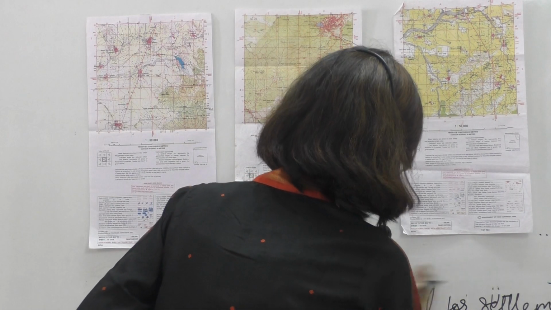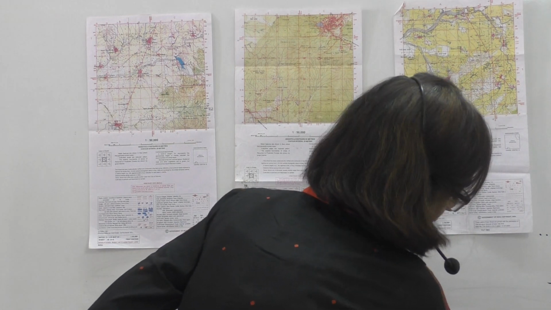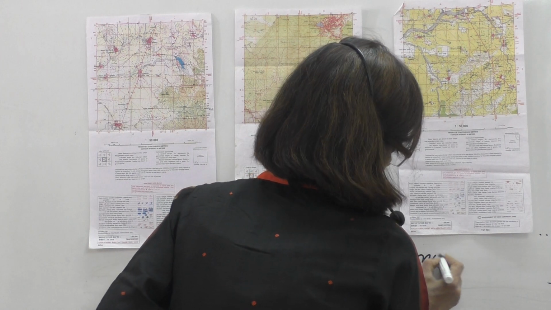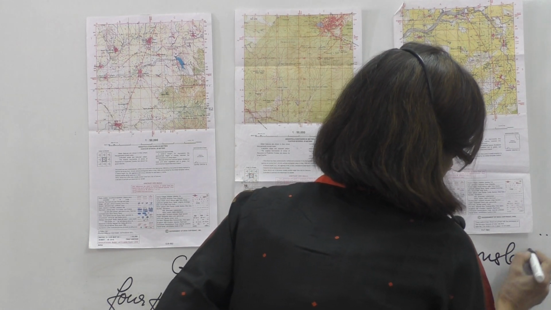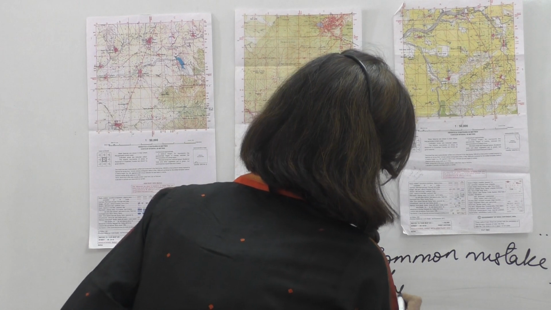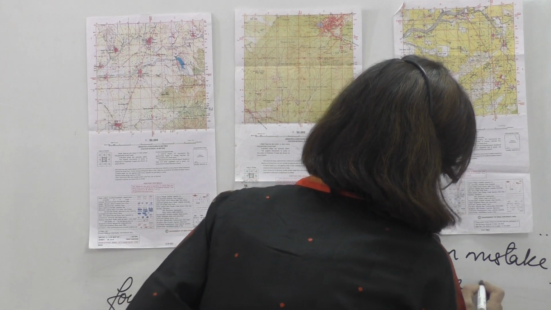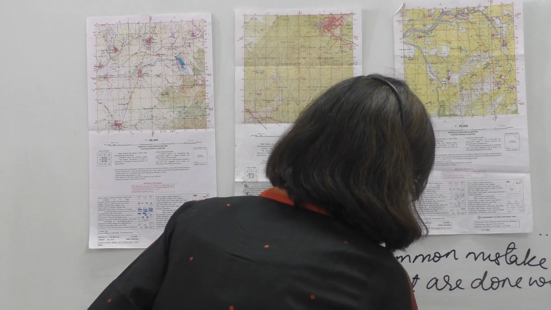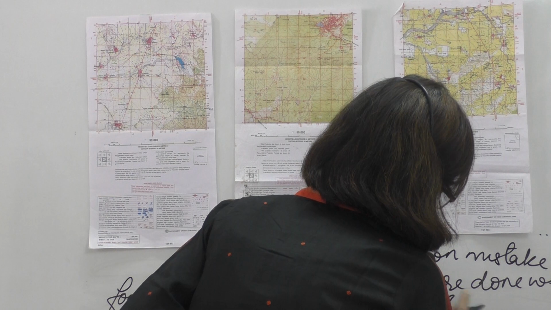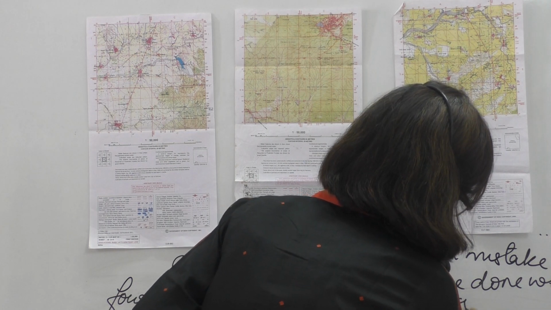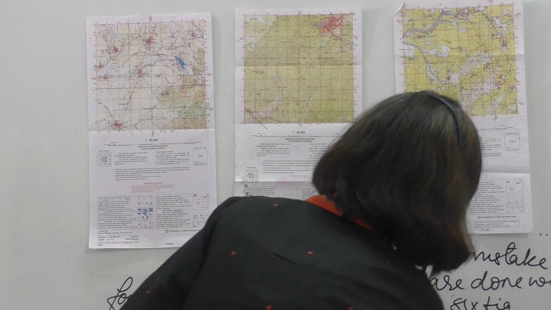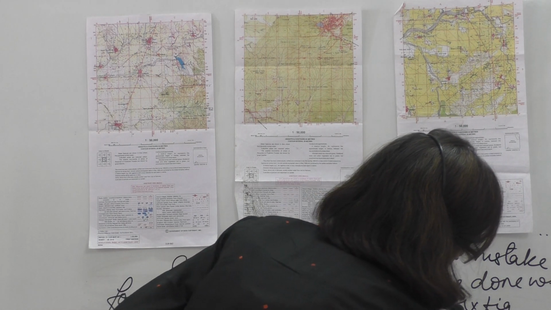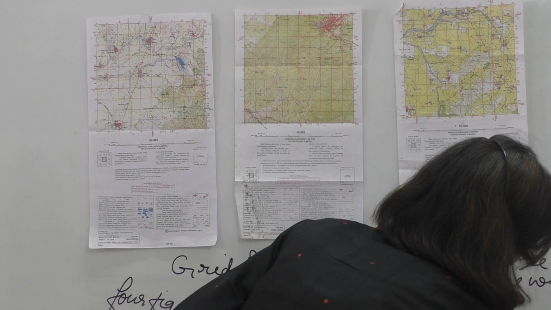A common mistake that students make while writing a 6 figure is they count northings from the top.